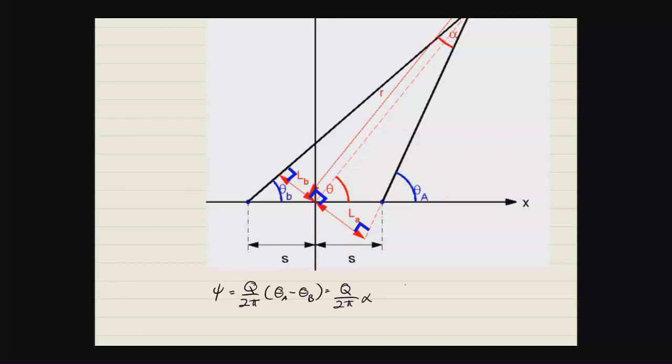As I was mentioning before, we want to express alpha in terms of theta. Theta is just the angle made between the horizontal and some point x, y, starting from the origin here.